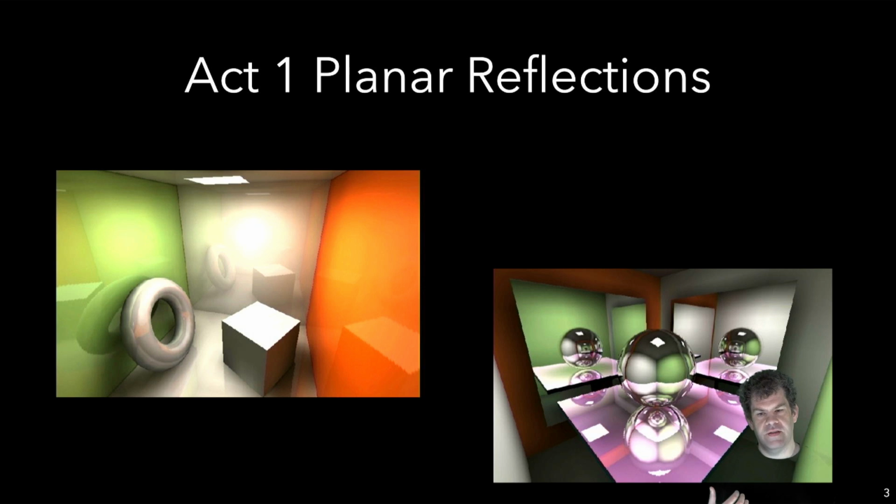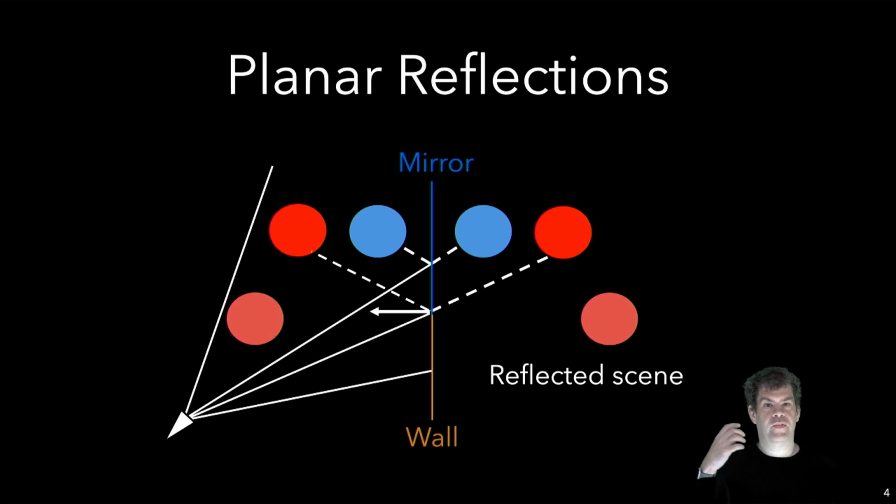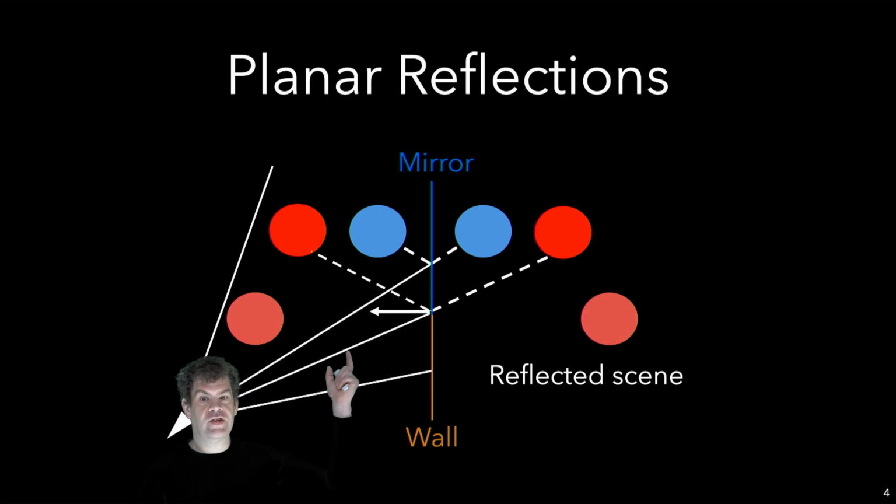And the idea to handle this is based on this idea that if we have a planar reflection, we don't even need to consider the mirror as part of the scene. We can simply pretend that there's a mirror world. Okay, so on the left side here, we have the actual scene, right?